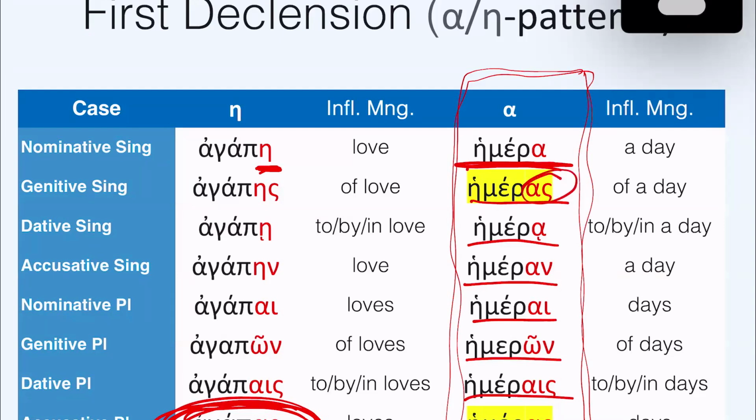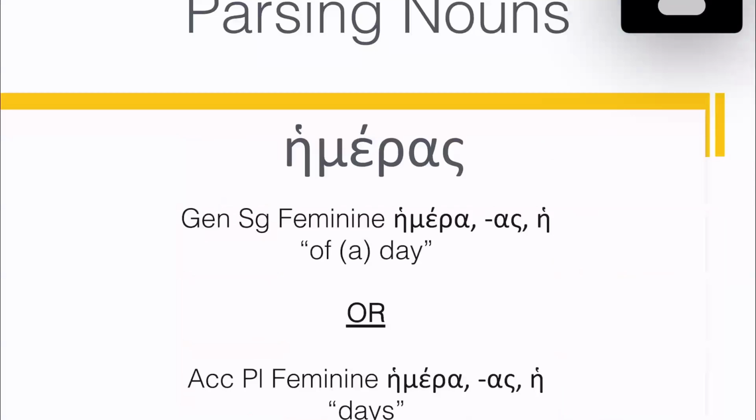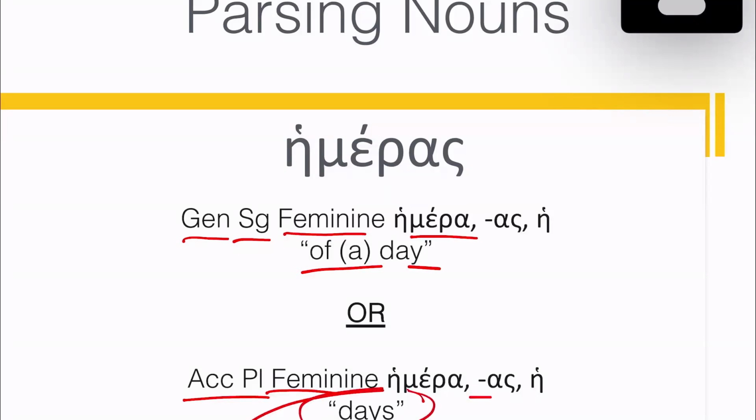Oh, look, there's actually two options. It could be genitive singular or accusative plural. Again, we can only go off context. And so if I was parsing this word, it could either be genitive singular feminine from the word hemera, meaning of a day, or it could be accusative plural feminine, hemeras, meaning days. And so the only way we would know the difference is context.